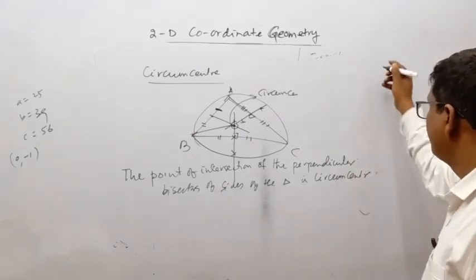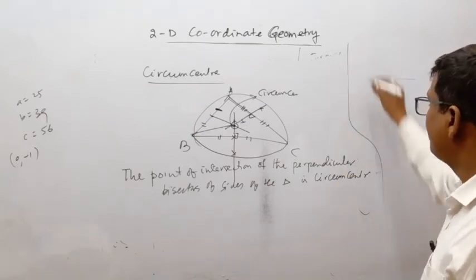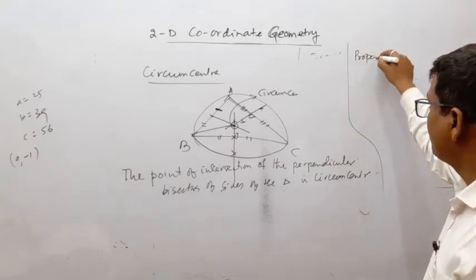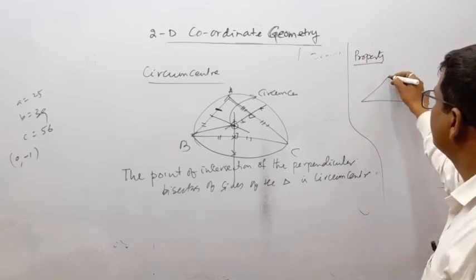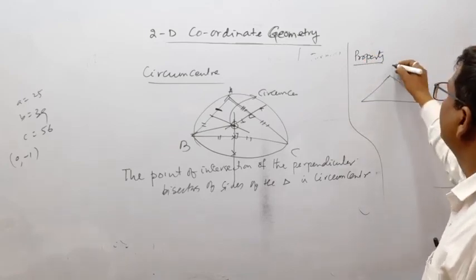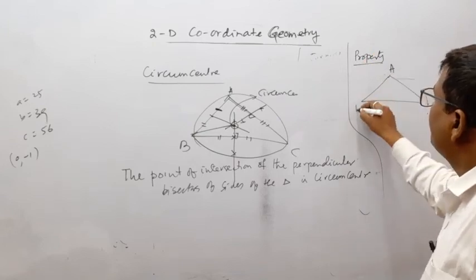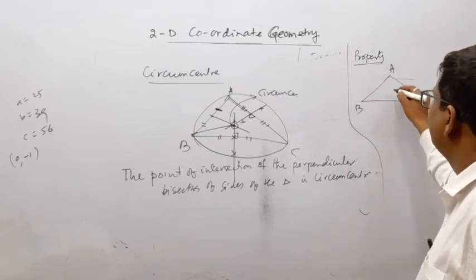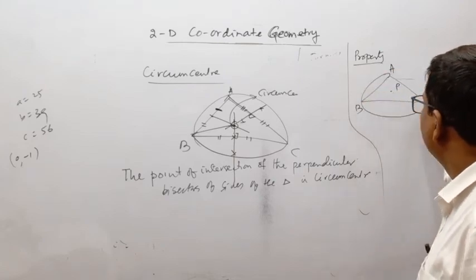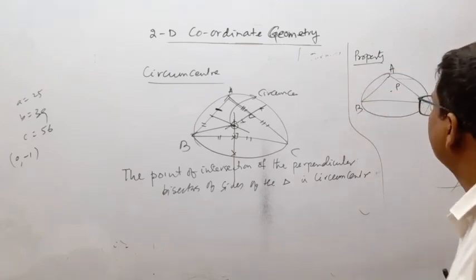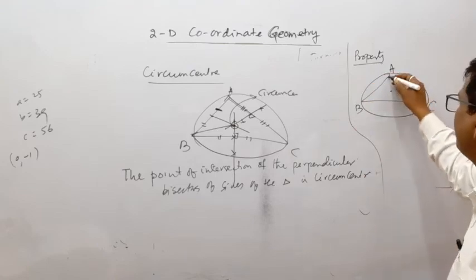What is the property of circumcenter? Suppose the triangle is ABC and P is the circumcenter. How to find the point P?